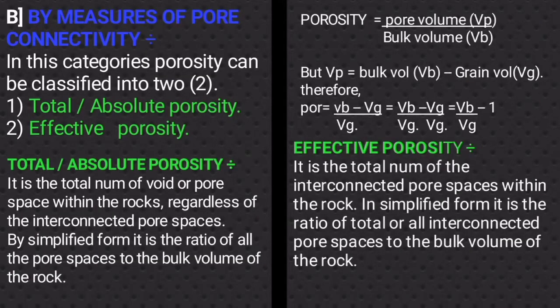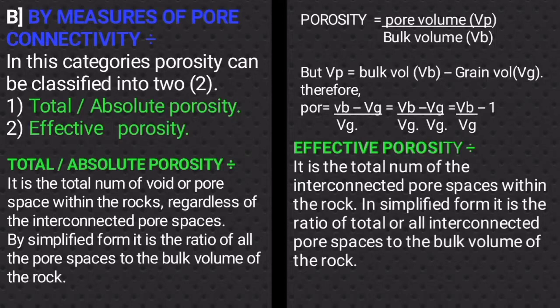Part B, by measures of pore connectivity, is categorized into two forms. One, we have the total or absolute porosity, and two, we have the effective porosity. Let's talk about the total porosity.